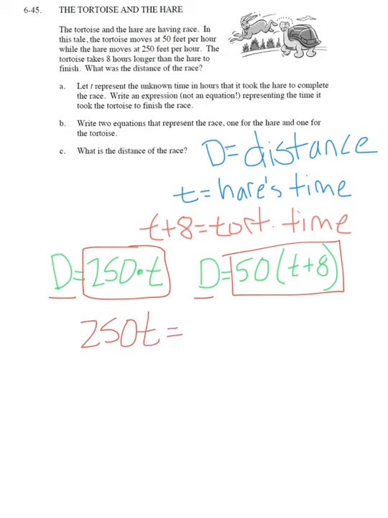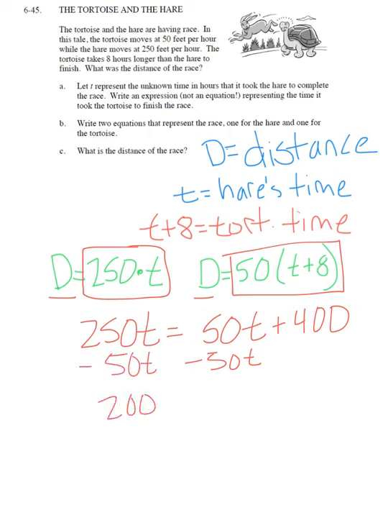So I have 250t, then I would distribute on the other side, where I have 50t plus 400, and then I'm just going to solve like I normally would. So 200t equals 400, which means that the time it took the hare to finish the race was 2 hours.